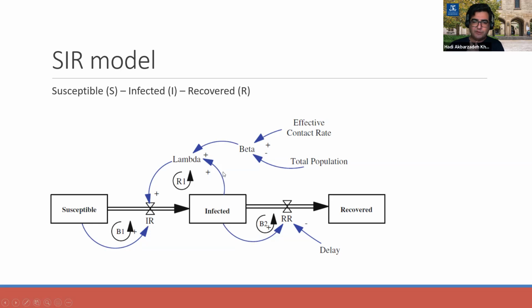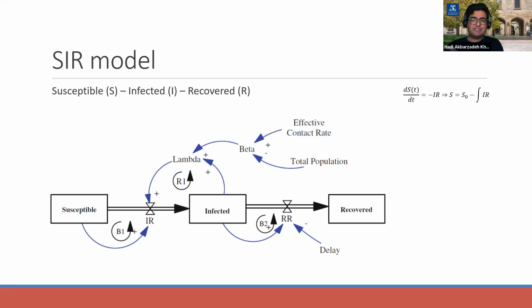Similarly, infected people and total population, other factors can influence those rates. We tried our best to find out those elements and the relationships within the system, and then we can do the formulation for the system.